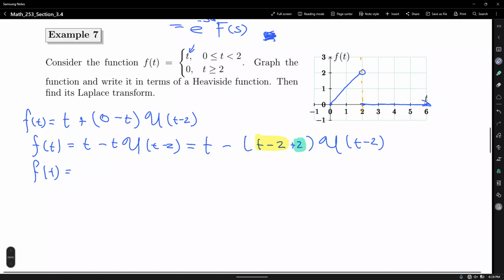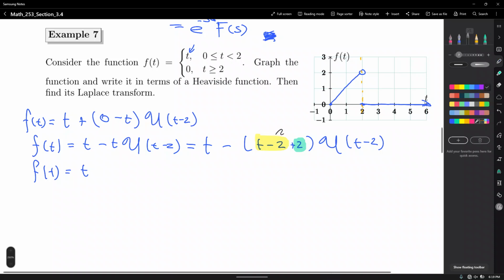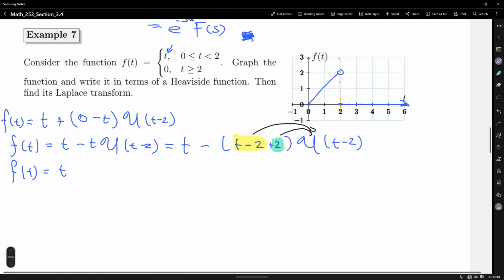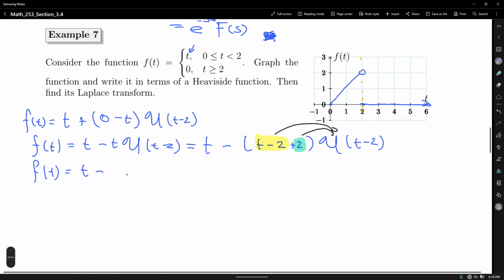It's not being multiplied by a unit step function. That is t, check. We're going to distribute this whole t minus 2 and these two with the u of t minus 2. So this will be minus (t minus 2) u of t minus 2 minus 2 u of t minus 2. All right? And we're ready to find the transform of this function.